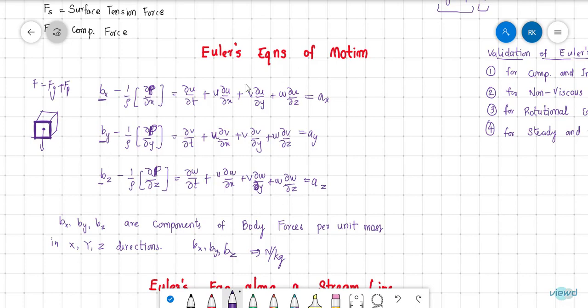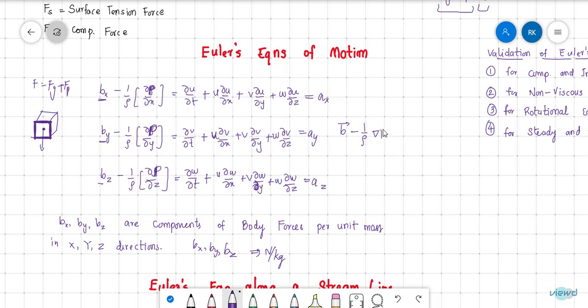From all these equations, we can write the vector form as B bar, which indicates x, y and z directions. B bar, that is a vector, minus 1 by rho dou p by dou x, dou p by dou y and dou p by dou z.